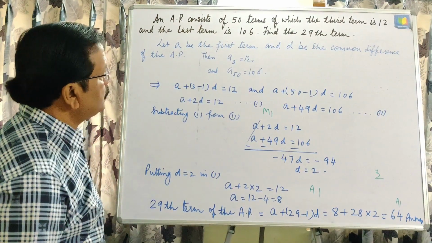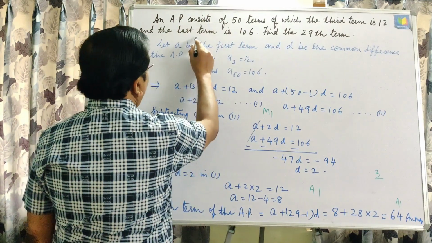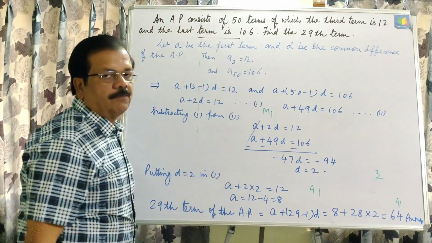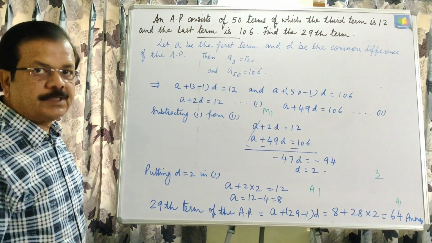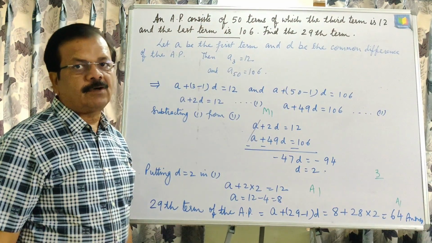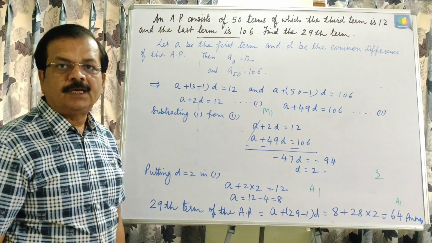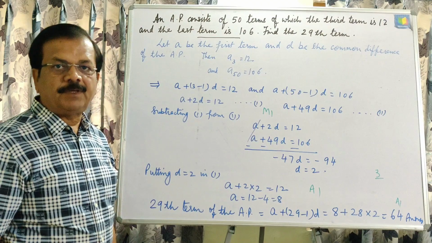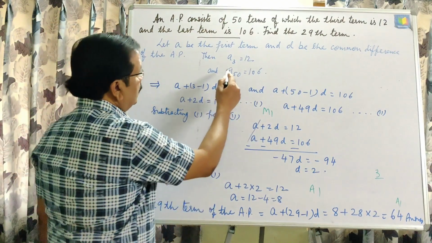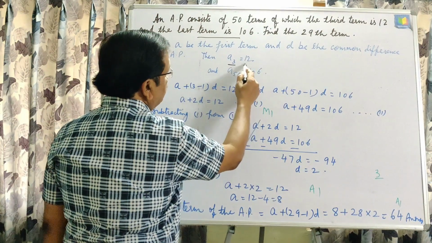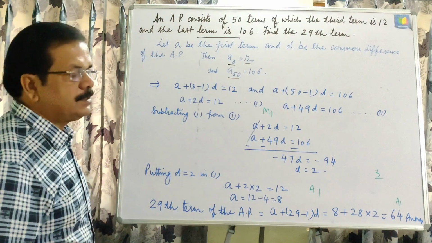An AP consists of 50 terms, of which the third term is 12 and the last term is 106. Find the 29th term. Now in this question you can understand the concept of last term. Since this has 50 terms, the last term will be A50. If the first term is A1, the third term A3 is equal to 12, then the last term A50 is equal to 106.